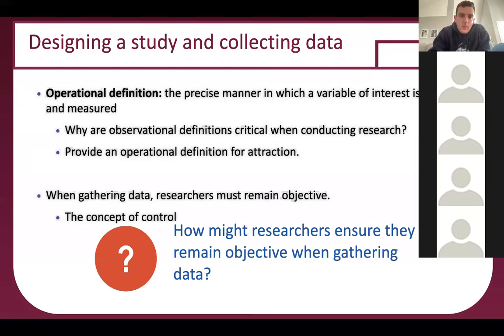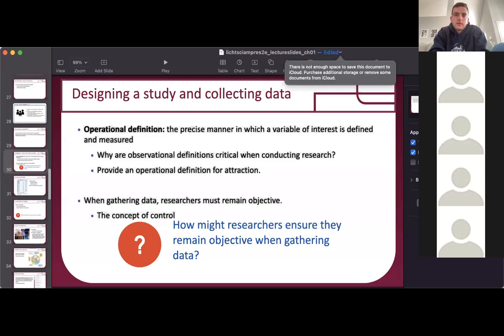Okay. An operational definition. It's pretty much exactly what it sounds like. It's just a more precise definition that we can use in a scientific paper, just to make sure that we are being specific about what we say, because that is a very important part of science, so that people can get back to using exactly what we talked about. Some terms that we use can be kind of ambiguous.